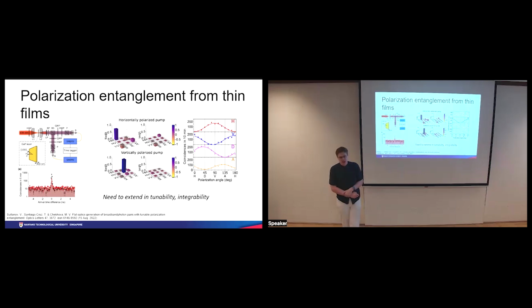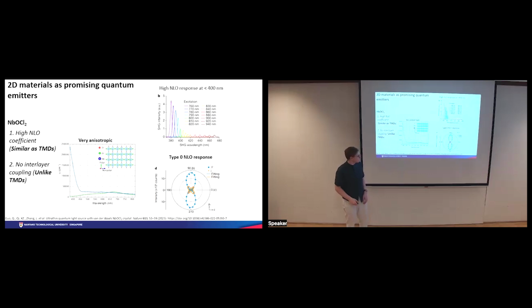And more recently, what is of interest is to find better materials which should have a higher nonlinear coefficient, especially to increase the generation rates. So 1.5 years ago, they showed this one, NbOCl. This is an interesting material in the sense that it has an extremely high nonlinear coefficient, on the same level or maybe a bit higher than transition metal dichalcogenides.